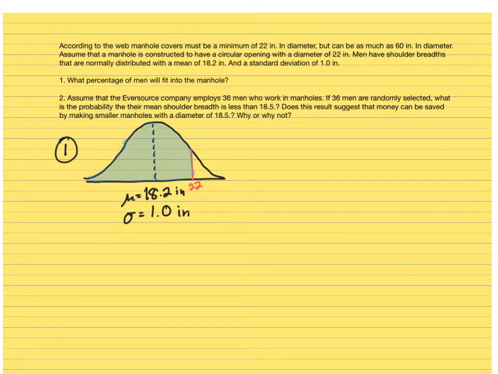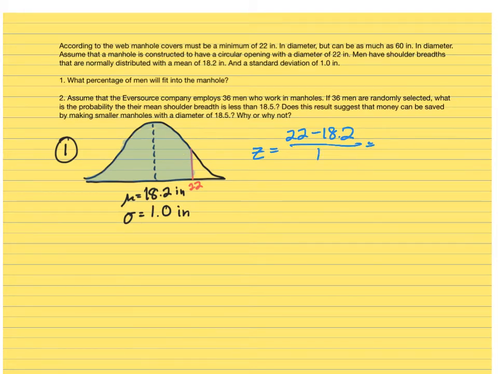So we need to find that area. We're just choosing one person at a time, so we're using the method that we're most familiar with. We need to find the z-score of our critical boundary, 22 minus 18.2 divided by 1. Not too difficult to do.